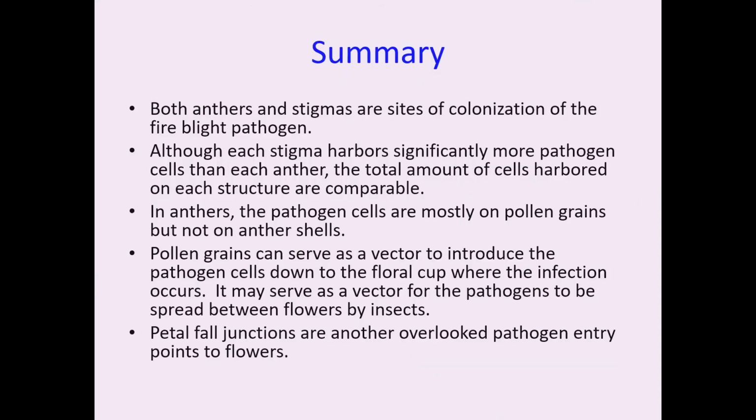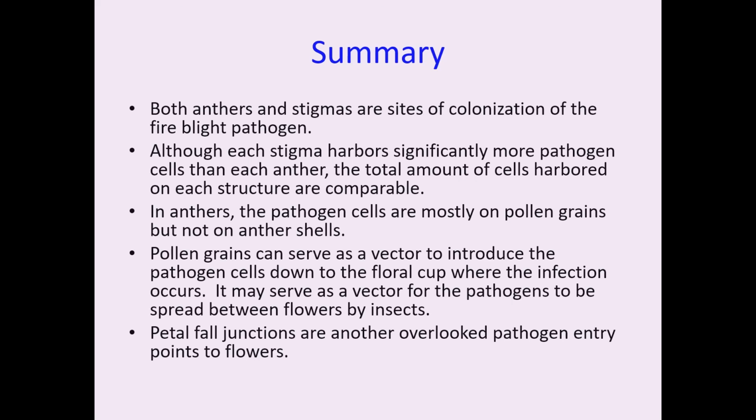So in summary, we saw that both anthers and stigmas are sites of colonization of the fire blight pathogen. Although each stigma harbors significantly more pathogen cells than each anther, the total amount of the pathogen cells harbored on each structure is actually comparable. In anthers, the pathogen cells are mostly on pollen grains, but not necessarily on anther shells.